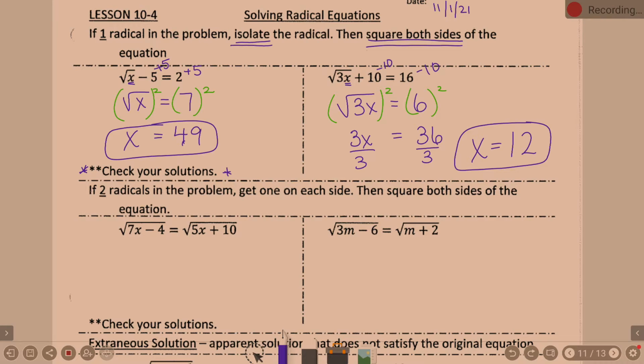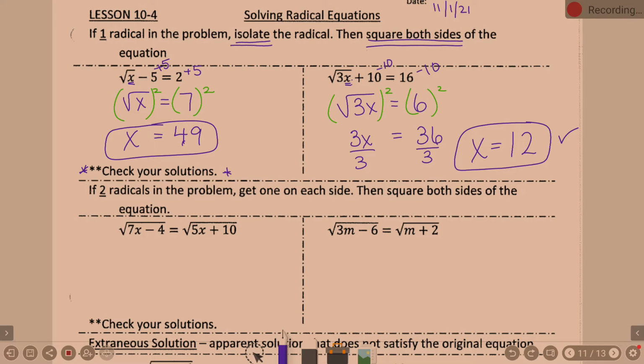Wait, hold on. I'm not thinking. So I put 12 right in here, right? 12 times 3 is 36 plus 10 is 46. No, square root of 36 first. Oh, okay, 6. And then 6 plus 10 is 16. And then it checks. Okay.